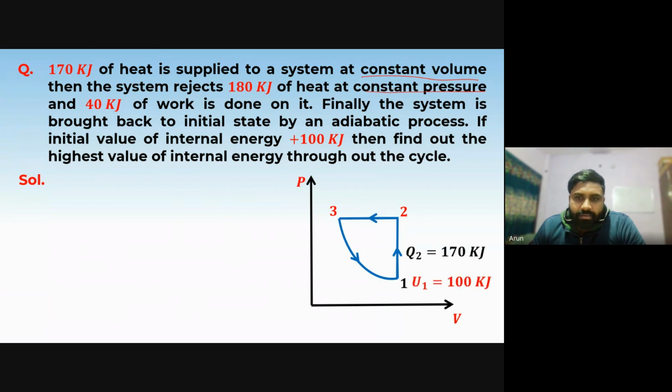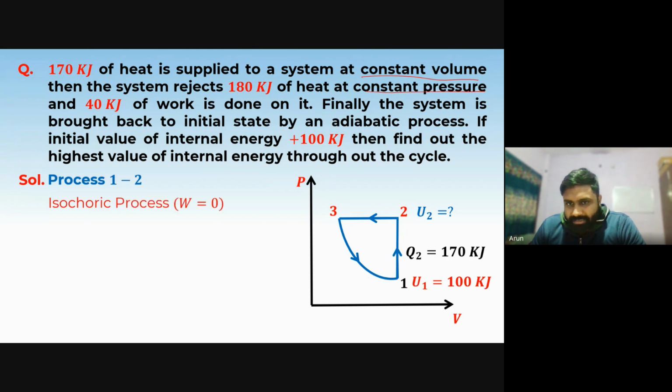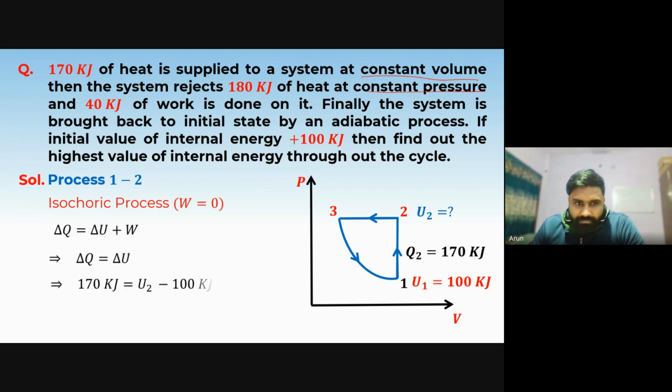So all the data is given to you. Now the work done in process 1 to 2 is 0. For isochoric process there is no work done. Work is only done for 2 to 3 and 3 to 1. We will have the formula delta Q is equals to delta U. For this, delta Q is 170 kilojoule of heat supplied to the system, so we will take it positive since it is given to the system.